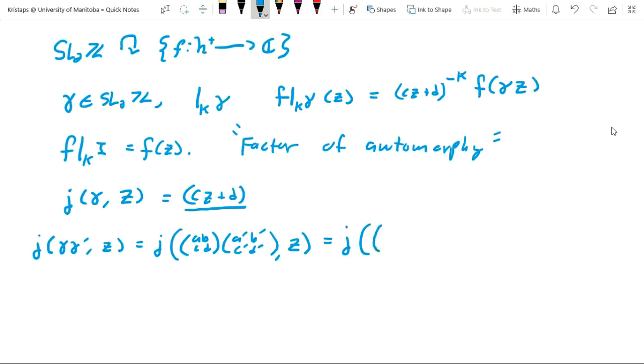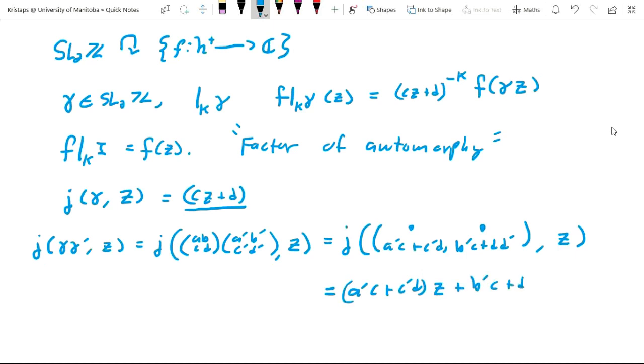So I'm only going to write the bottom entries of this matrix: a prime c plus c prime d, and then the second bottom entry is b prime c plus d prime. And I'll just put dots in the top entries. And of course, this is all for z. Well, in this case, if we expand out this factor of automorphy, then we have (a prime c + c prime d) multiplied by z + (b prime c + d prime).